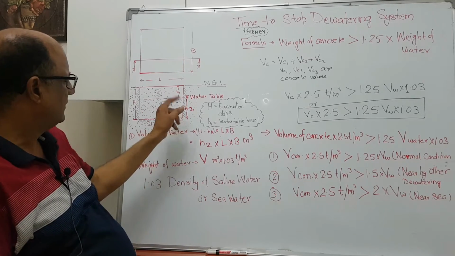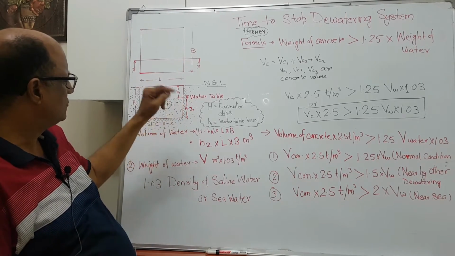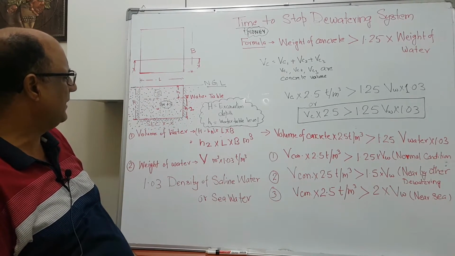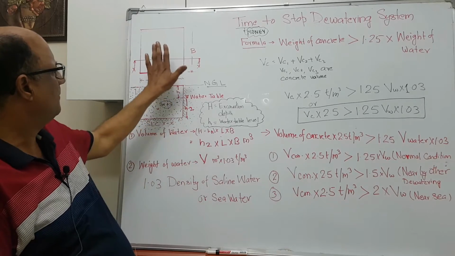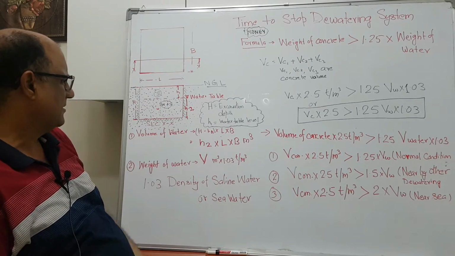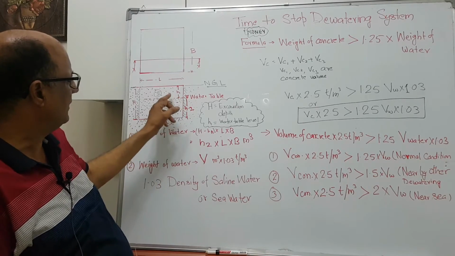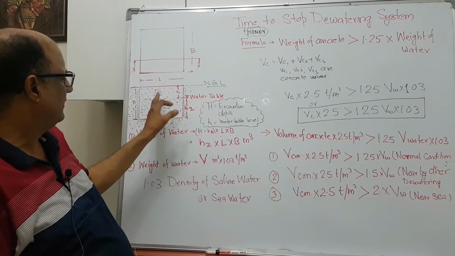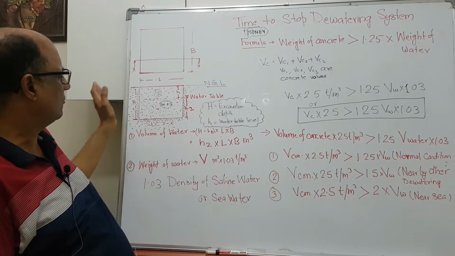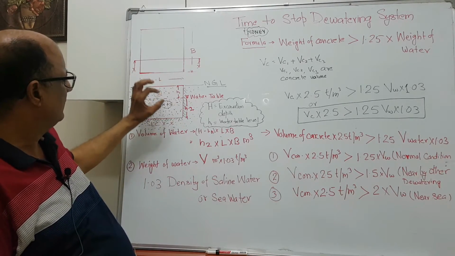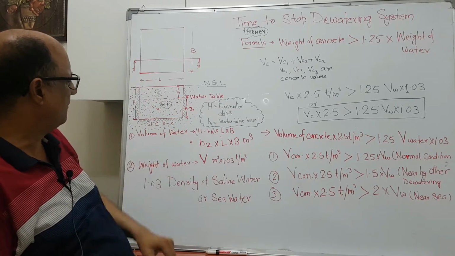This H1 is shown in the borehole log in the soil report, which is investigated before designing the project. So the soil report has this height, which varies from plot to plot or project to project. So H1 can be easily found from the soil report.